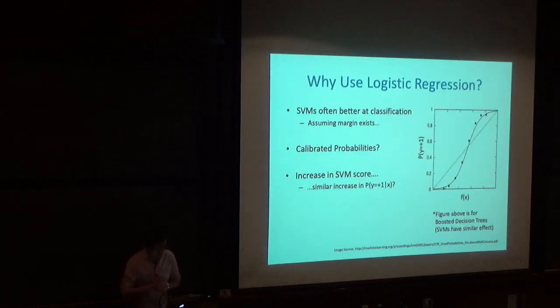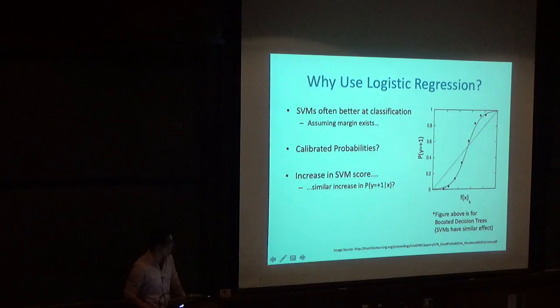Oftentimes you get curves that look like this. Here's a model that was trained, in this case a decision tree, which we'll cover next week. But the same thing happens with SVMs, where as the raw score increases, the probability increases in a nonlinear way.